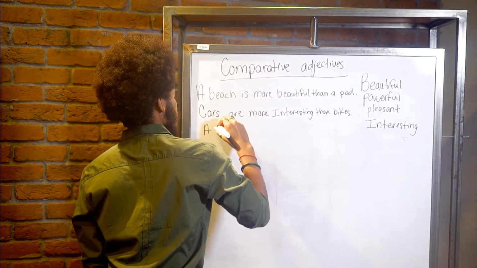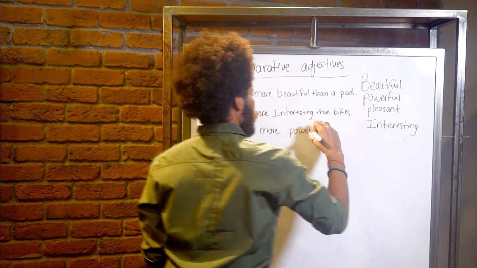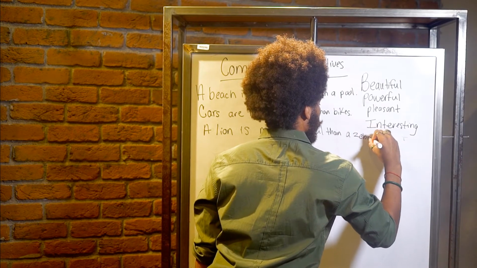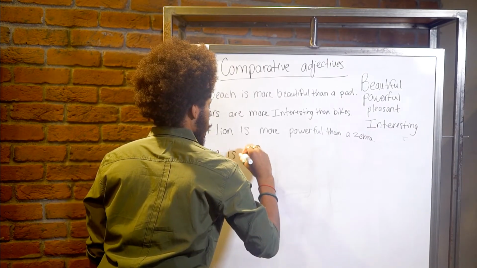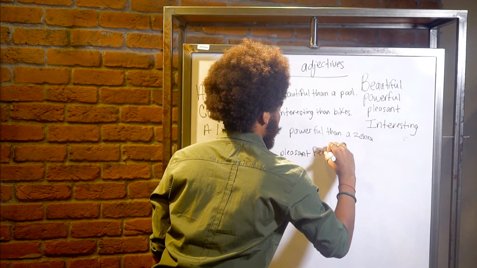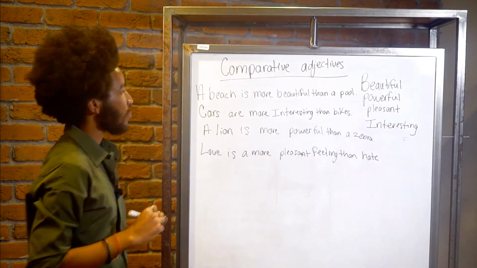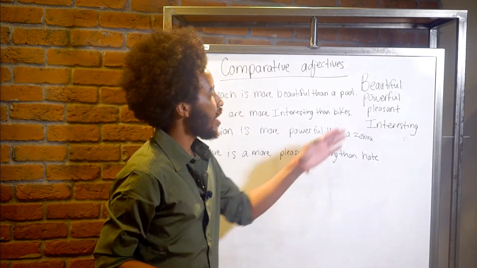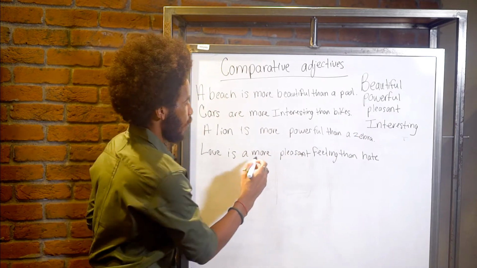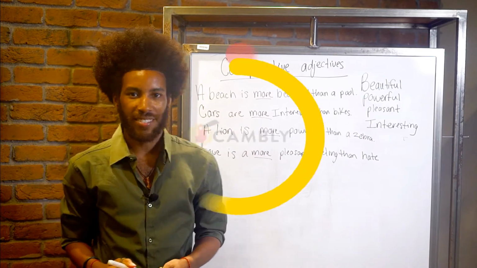A lion is more powerful than a zebra. Love is a more pleasant feeling than hate. As you can see, these adjectives have multiple syllables, so we must put more before the adjective to create the comparative form in these sentences.